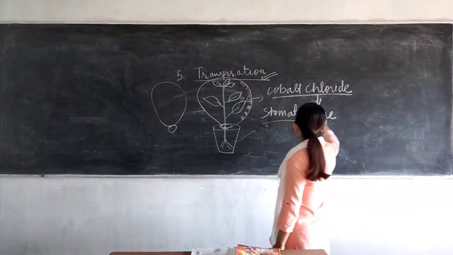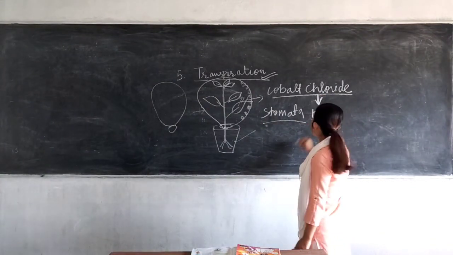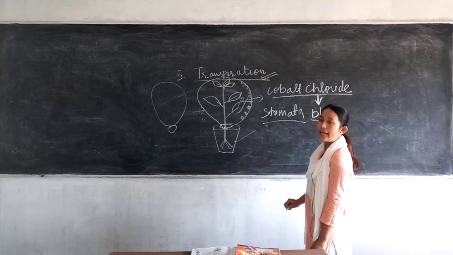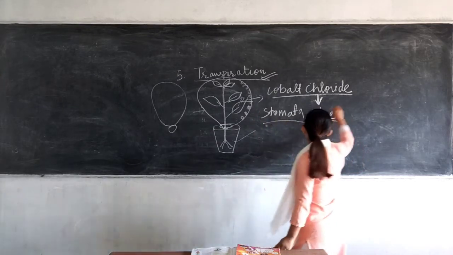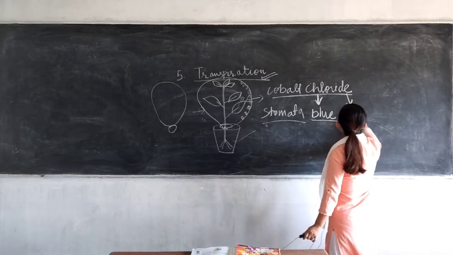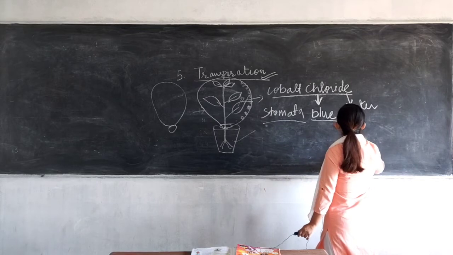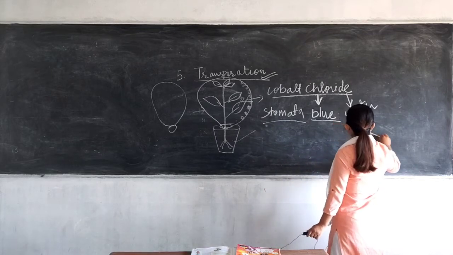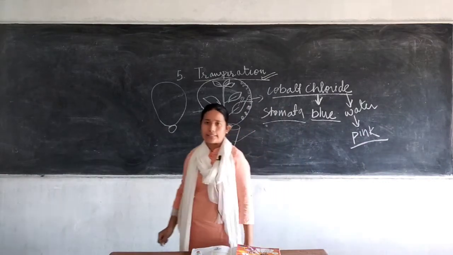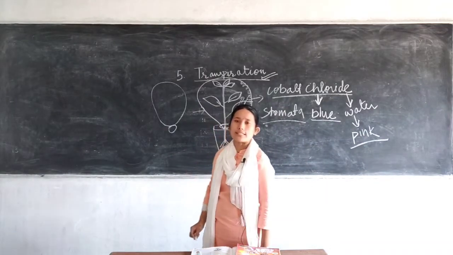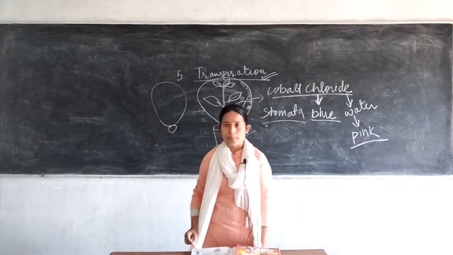Whenever there is a lack of water in the air, it is blue in color. But as soon as this paper comes in contact with water, it turns pink. So this cobalt chloride paper is an indicator, and we will be using this indicator for discussing the next experiment.